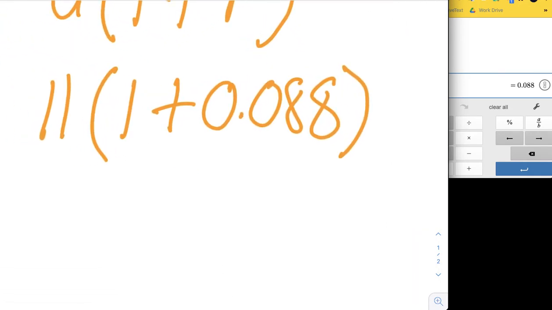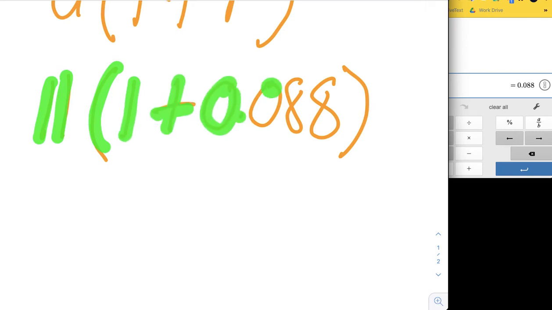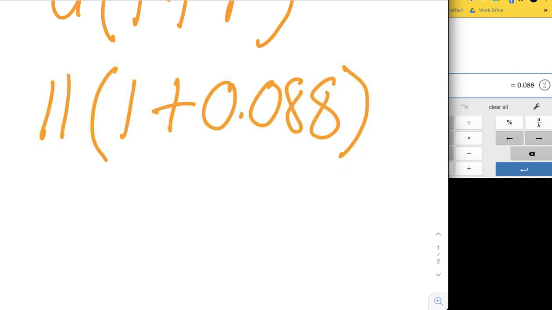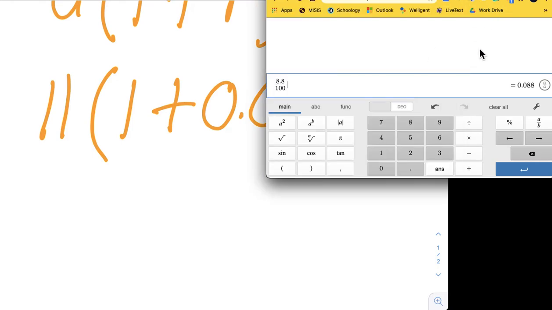So look at this. Now we're going to use our tools, guys. Let's use the tools that we have, which is our scientific calculator. So this starts with 11 parentheses 1 plus 0.088 parentheses. We're going to copy that exactly the way we see it on our calculator.